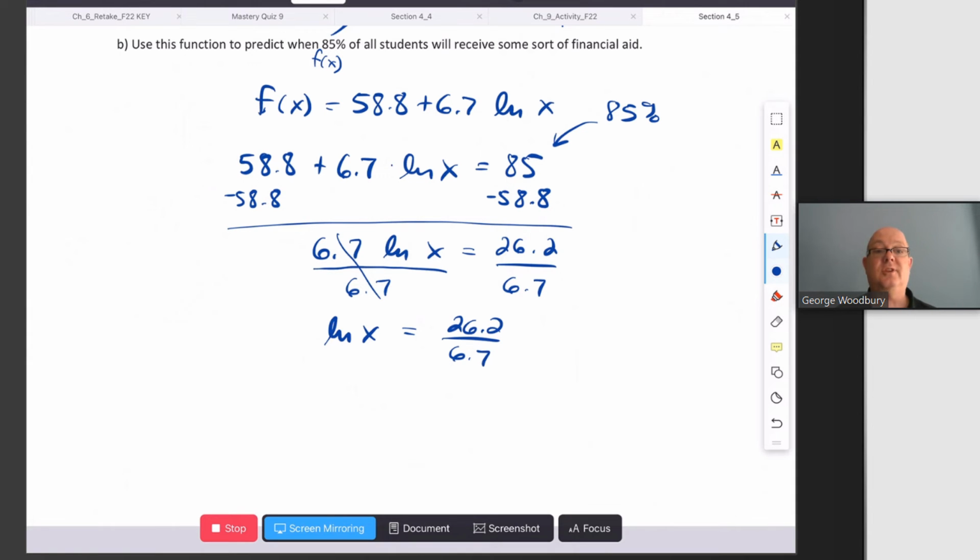I need to change this to exponential form. The base of this logarithm is e. So e to that power, 26.2 divided by 6.7, equals the argument of the logarithm, which is x. And so I just need to figure out what is e to that power. I can do that on my calculator.